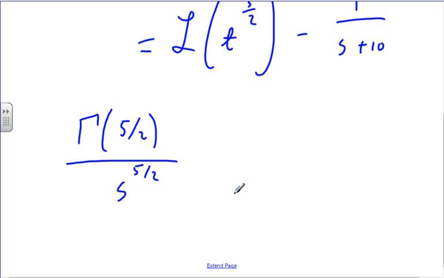Okay, so I gotta find the gamma function of 5 over 2, without a gamma function table. What a bummer.